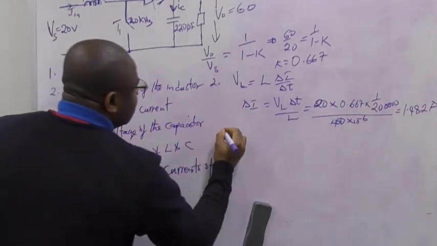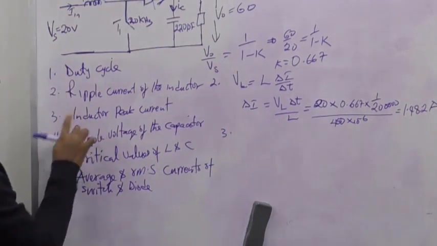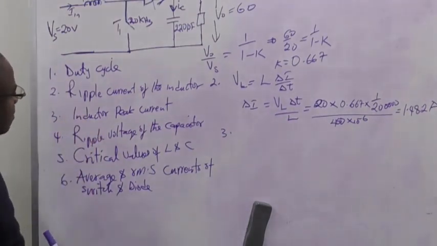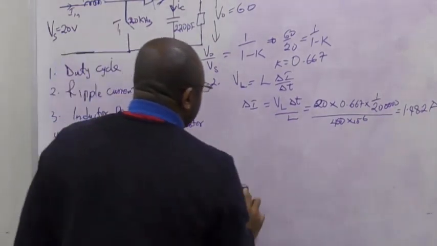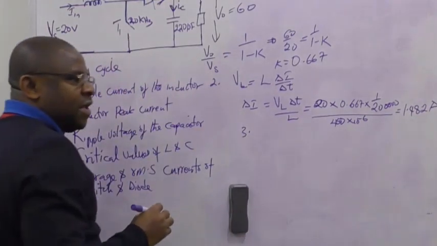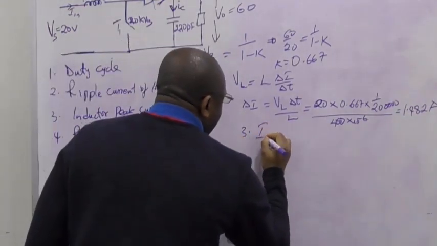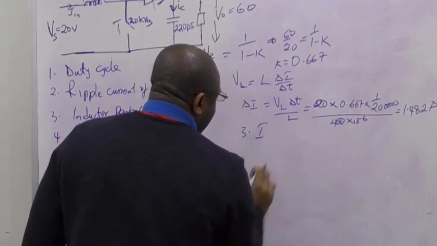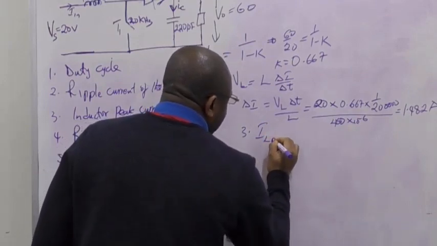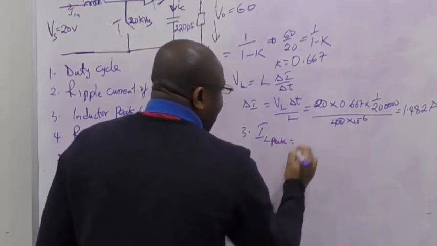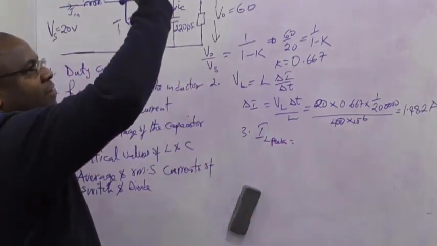Number 3 is to calculate the inductor peak current. So let's look at 3. The inductor peak current, which we said, remember, goes like that.